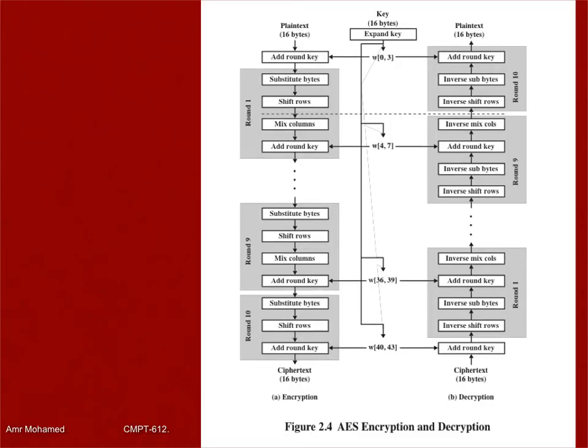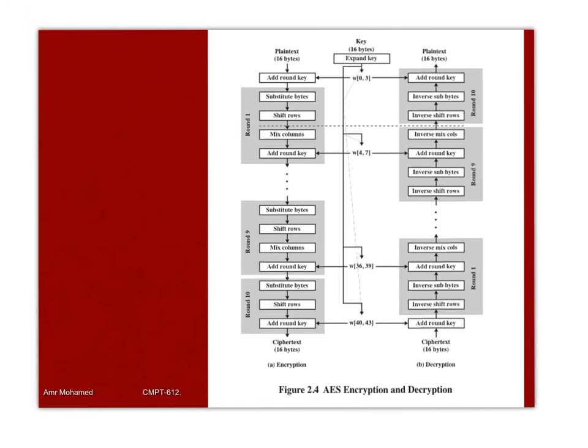So that's how the AES looks like. The fundamental difference between AES and DES is that AES is based on byte level. You will see that the key is 16 bytes, so we don't deal with bit level operations anymore.